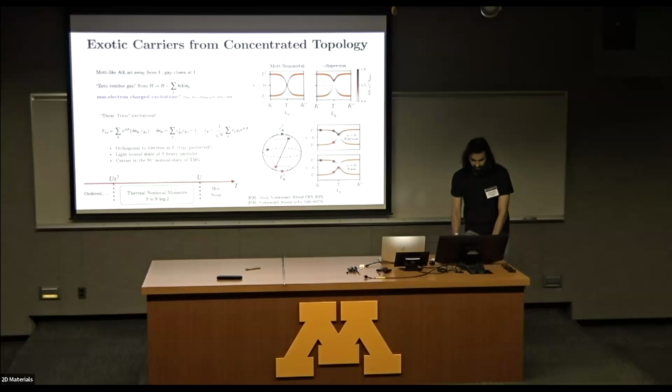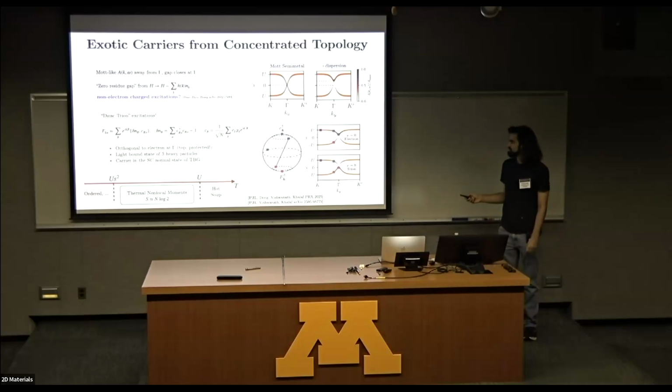I think one pretty fun thing about this is that this excitation is made out of 3 very heavy particles, actually. If you expand this out in momentum space, it's possible to convince yourself that only the states far away from the gamma point contribute to it. Gamma point excitations don't contribute to this excitation.